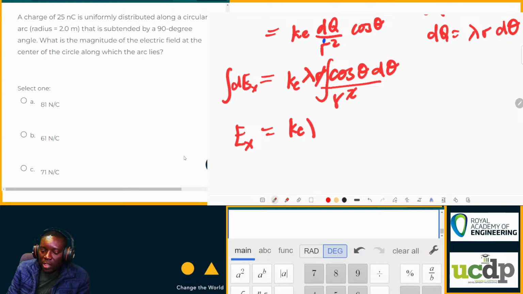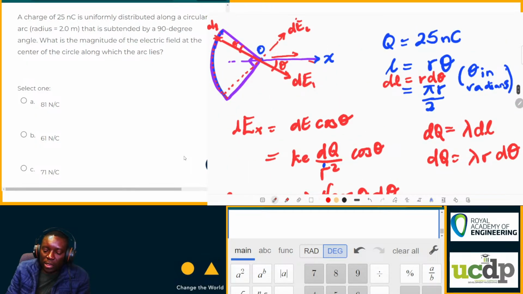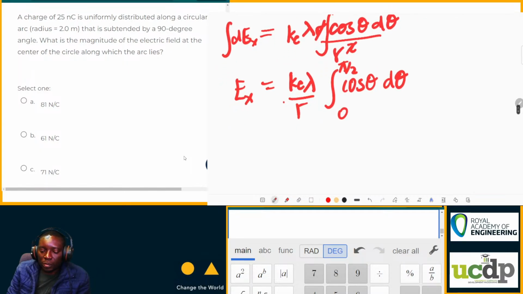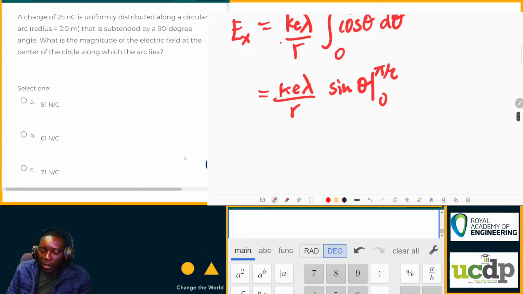Ke lambda is constant over r, everything is constant there, integral of cos theta d theta from 0 to 90 degrees, so from 0 to pi over 2. So Ke lambda over r. What is the integral of cos theta? It should be sine theta.